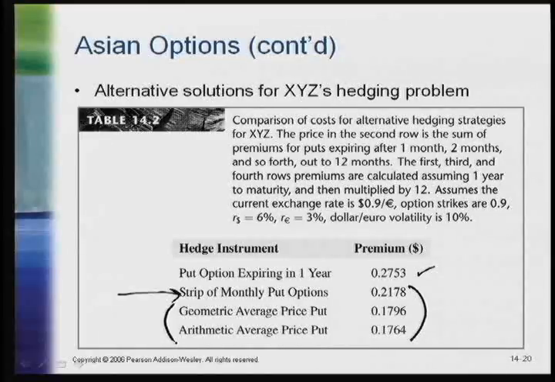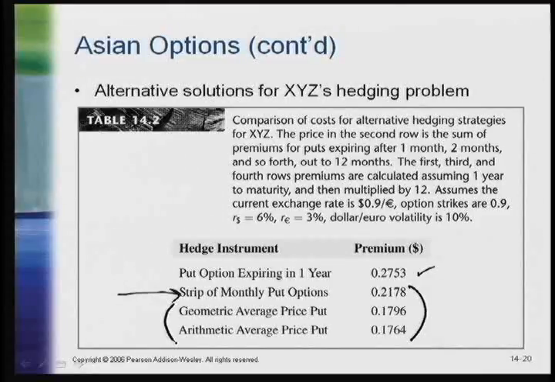When you average the entire year's worth of exchange rates, and that's what would go into the average price put in the last two examples here, it can happen that if you have, for example, 11 out-of-the-money months and 1 in-the-money month, in the strip of puts, you will be paid for that 1 in-the-money month and not paid in the other 11. However, when you average that 1 in-the-money month with the 11 out-of-the-money months, it could well be that the average is out of the money and you don't get a payoff.